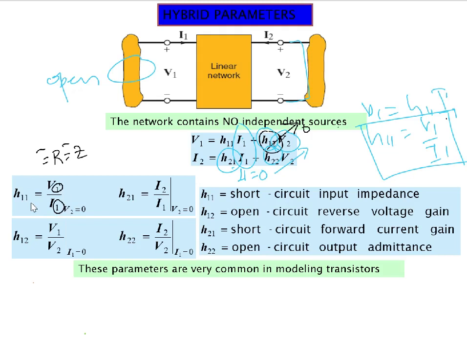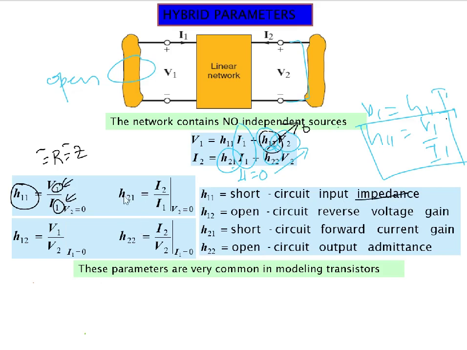So V1 divided by I1 is H11, which is the input impedance. We cannot call it Z11, because for Z11, H21, H12 and H22 must also be V by I. So this value is termed the short circuit input impedance, because we are having all the values from the input and it is V by I, so we call it impedance.